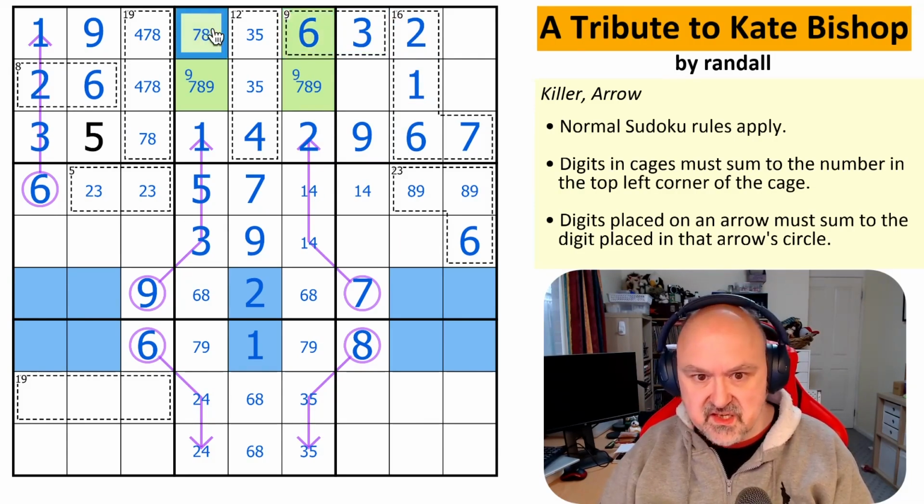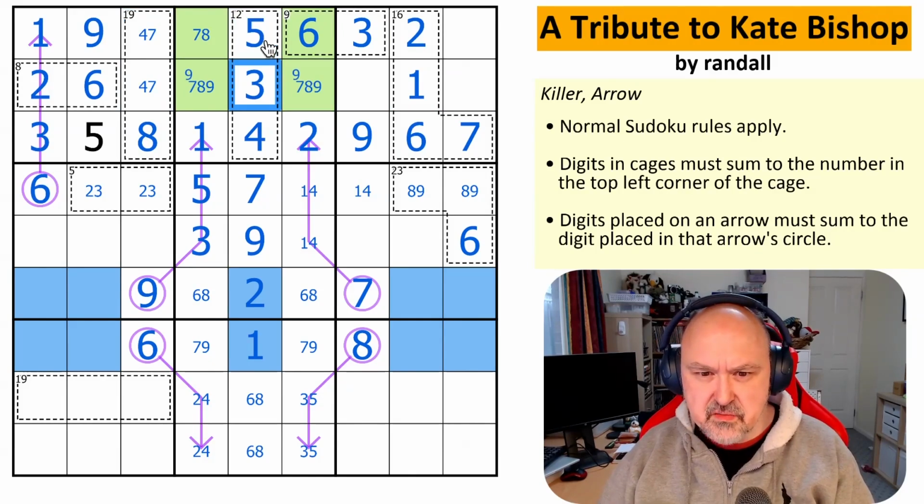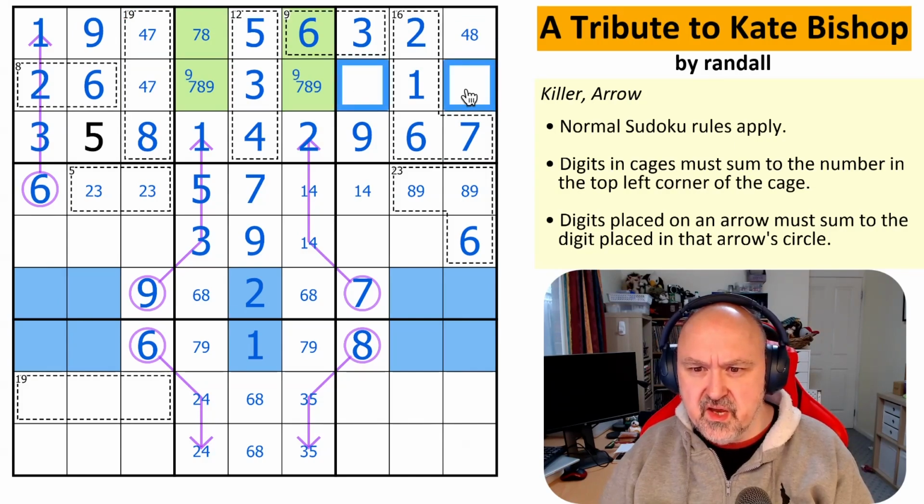This is not 6. This is 8. There's no 8 in there. This is 5. This is 3. 4, 7, 8. So this is 4 or 8 because I can't use a 7. So what are these? 1, 2, 3, 4, 5, and 8. That's not an 8.